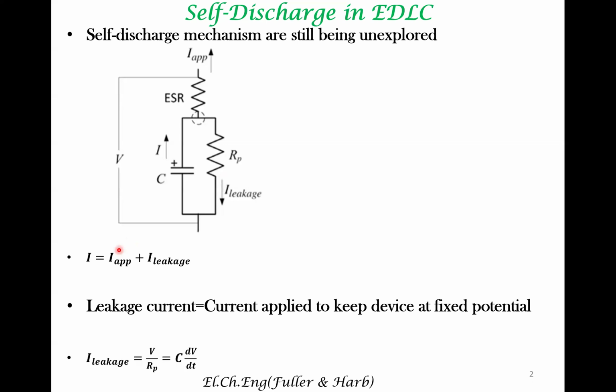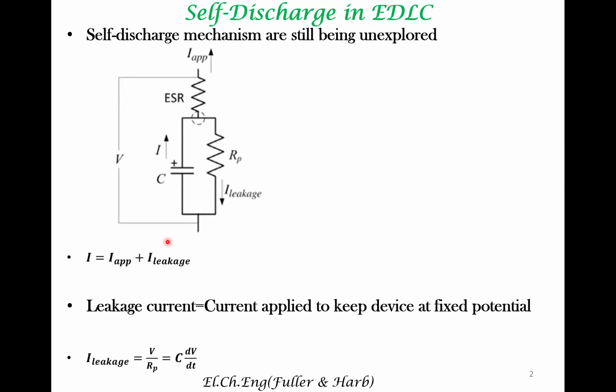So with this definition, we can talk about the leakage current in two different ways, right? The leakage current is the current that needs to be applied to keep the voltage constant. So I leakage times RP would be V, that is the voltage of a capacitor.